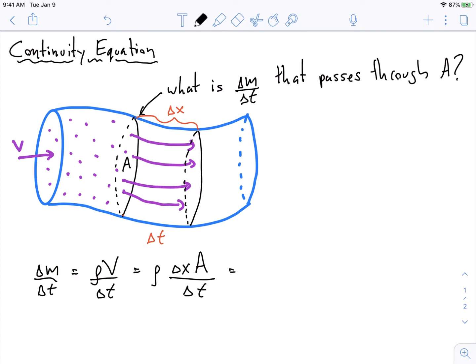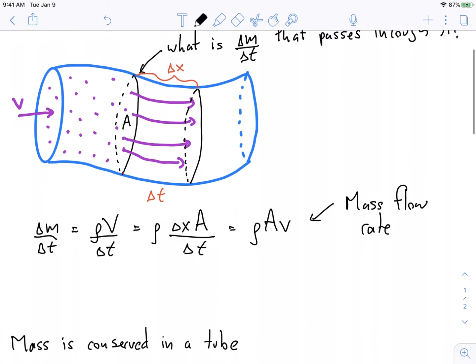Well, if we recognize that dx divided by dt is the velocity, then we find that this is simply rho A times v, the rate of fluid flow of the volume we had. So we have this first expression. This first expression is called the mass flow rate. Okay, we're going to use this idea of mass flow rate to now derive the continuity equation.